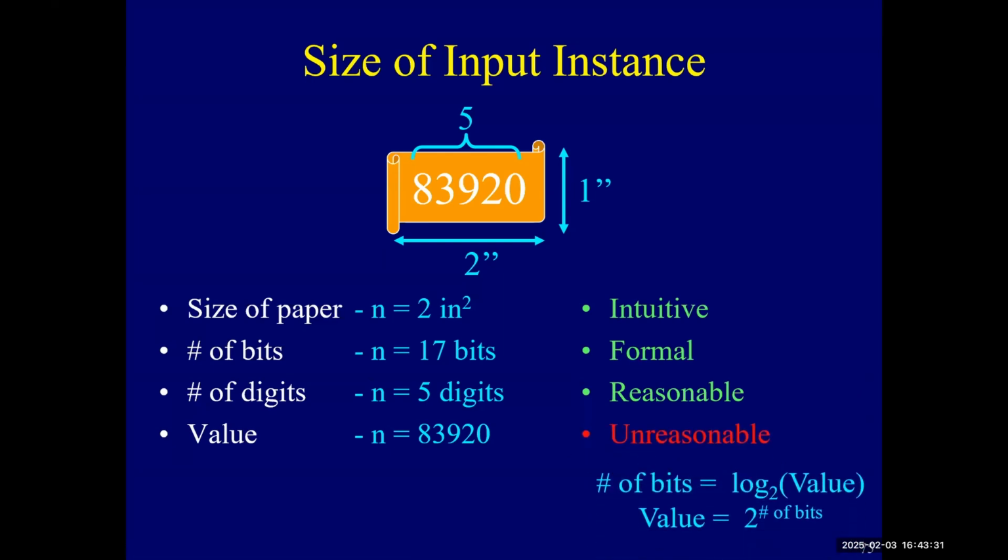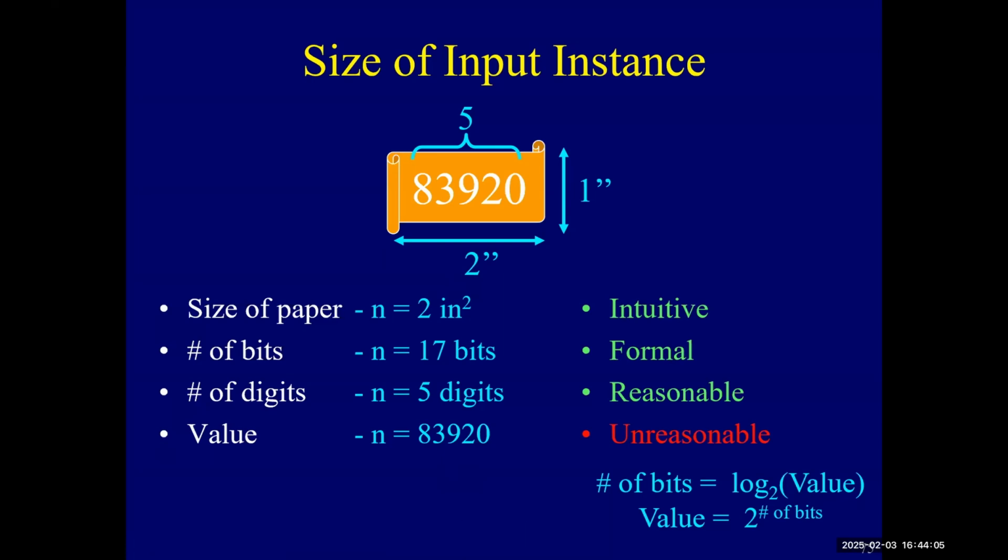This one is different. These are all multiplicative of each other. This one is bigger. In fact, to get from the value to the number of bits, you take the log. To get from the number of bits to the value, you do an exponentiation. These are exponentially different from each other. Does that make sense? Everybody get this?